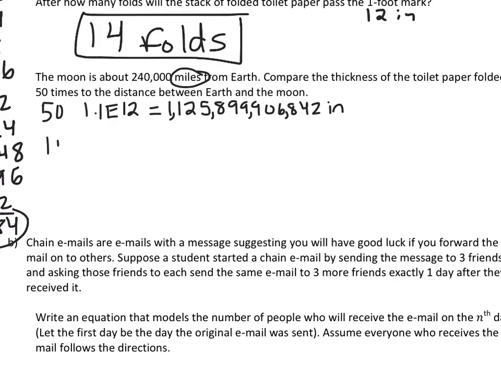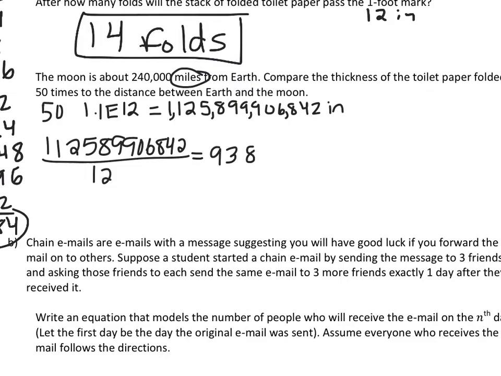So 1, 1, 2, 5, 8, 9, 9, 0, 6, 8, 4, 2 divided by 12 equals 9, 3, 8, 2, 4, 9, 9, 2, 2, 2, 4.